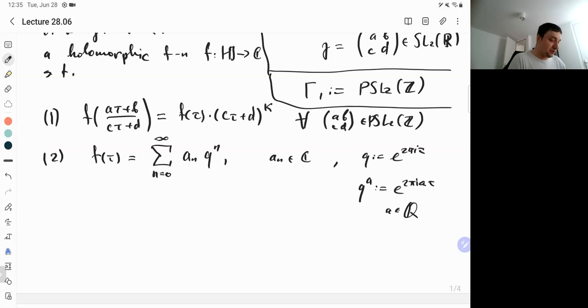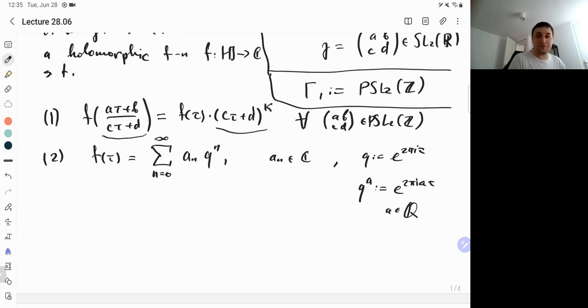Because this is an action on the left, you can take a composition of two matrices, and you want this factor to behave well with respect to composition of matrices. And it turns out that basically this is the most natural way of making this compatible.